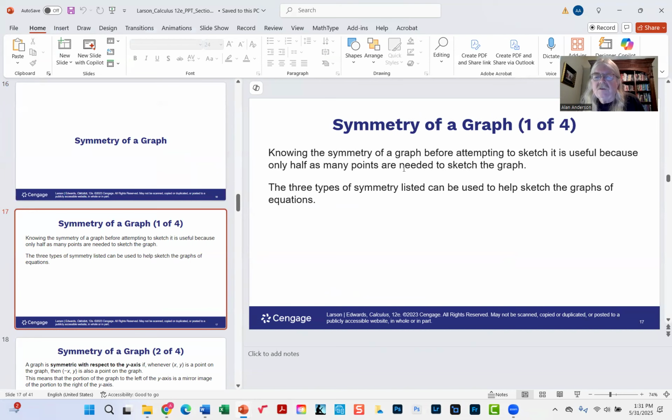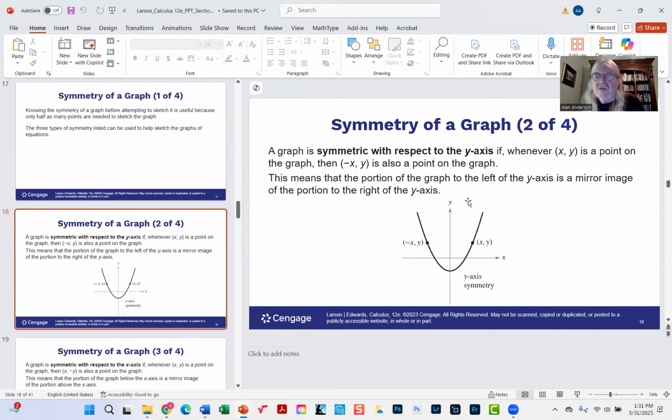Okay, so there are three basic types that we might encounter, as we mentioned earlier. From left to right, as you can see here with this parabola, how do you know that it's symmetrical? Because for every x, y point on the right of the axis, there is also going to exist the point negative x, y.